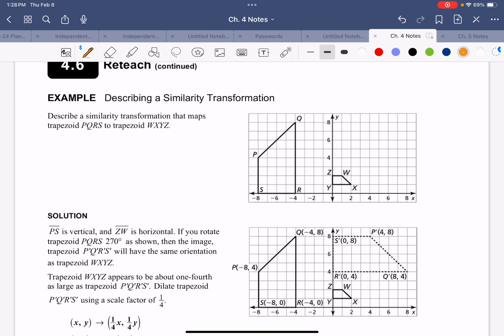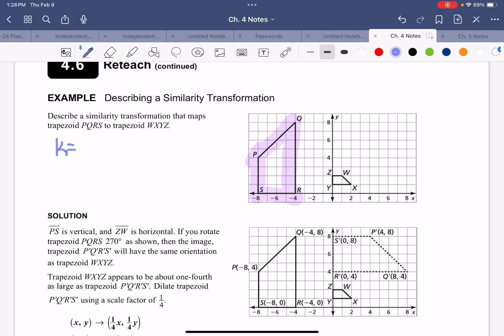So here they want us to describe a similarity transformation that's going to map trapezoid PQRS, so that means that this is my original one, onto this smaller one. If I'm going from big to little, I instantly know I'm doing a reduction. So I'm going to have some K factor that's less than 1. Okay? Now, how do I know what the K factor is? So let's find out what K is. Okay, I'm going to count.